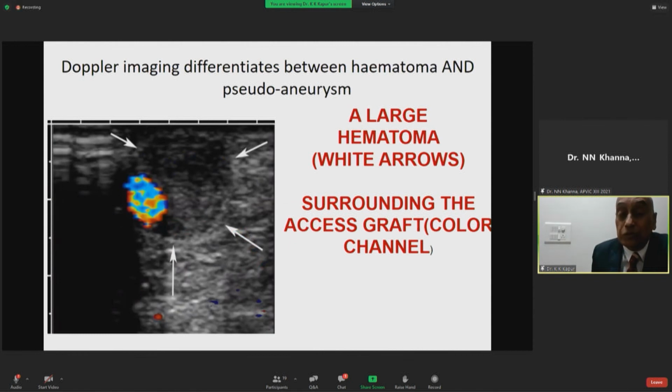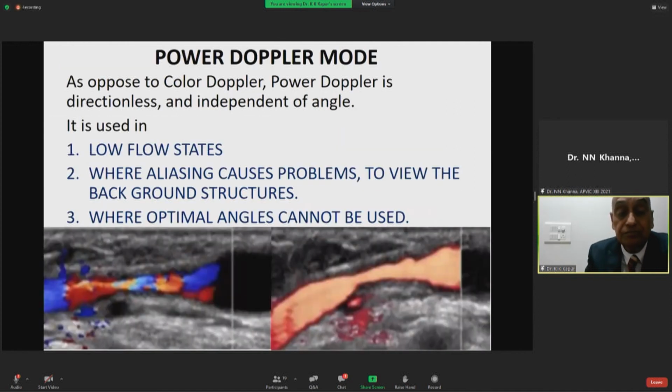Now, this is to differentiate between a hematoma and a pseudoaneurysm. You can see that there is an access graft, and in the process of placement of the access graft, there was bleeding, but this is a hematoma. There is no flow into the hematoma, so this is not a pseudoaneurysm, and you can see the flow in the access graft channel.